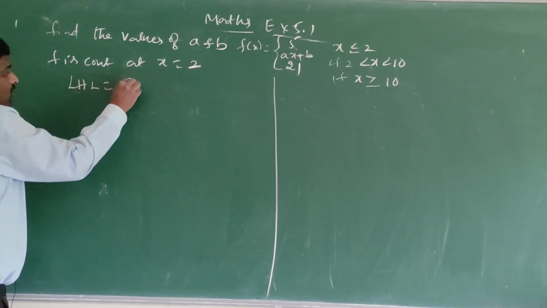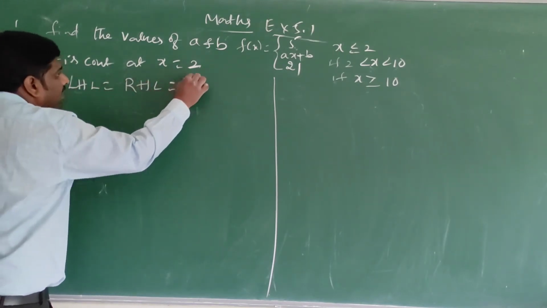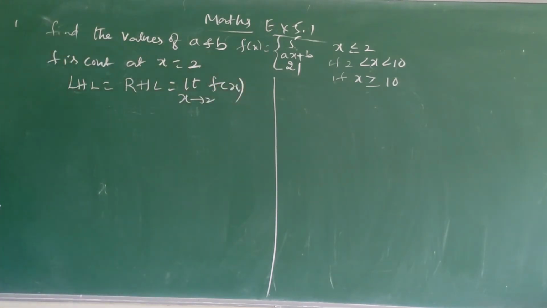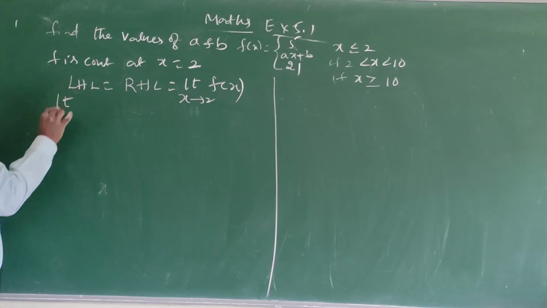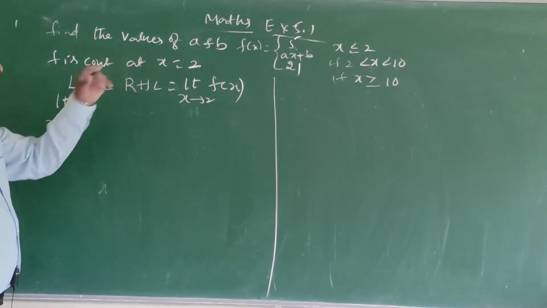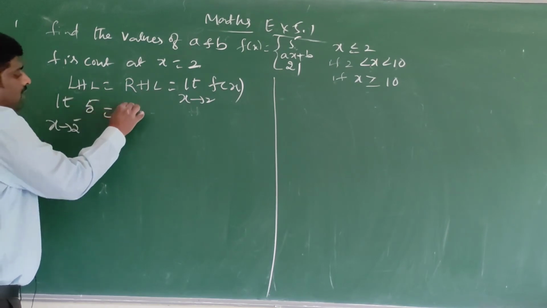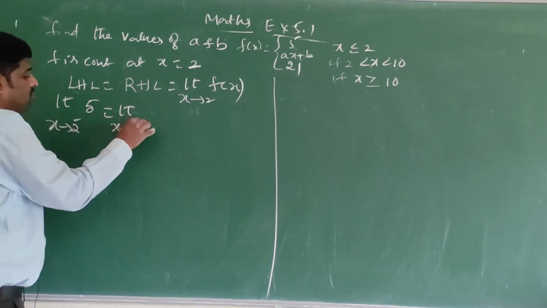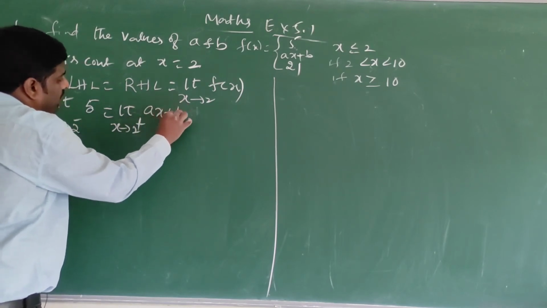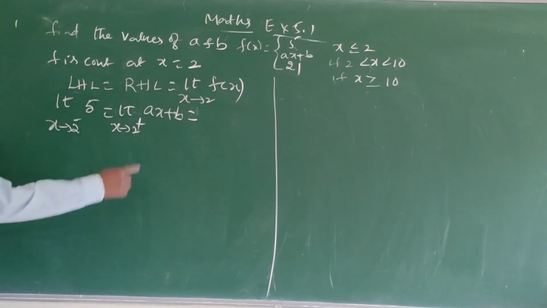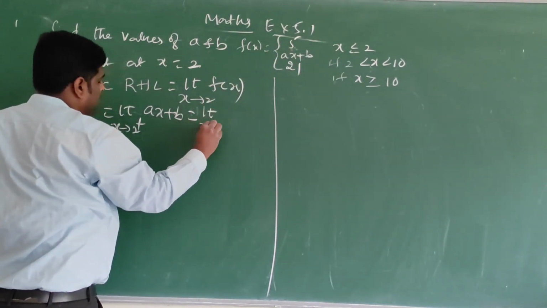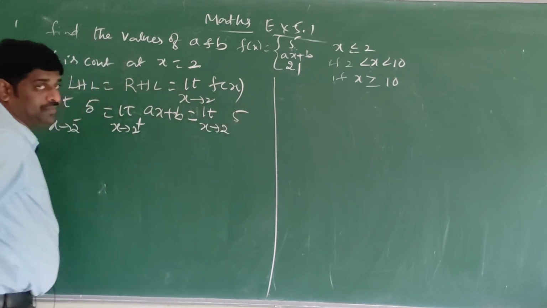LHL equals RHL equals limit x tends to 2 of f of x. That is, limit x tends to 2 minus, LHL is 5. Limit x tends to 2 plus, what is RHL? ax plus b. Clear? And what is the limit? 5 only.